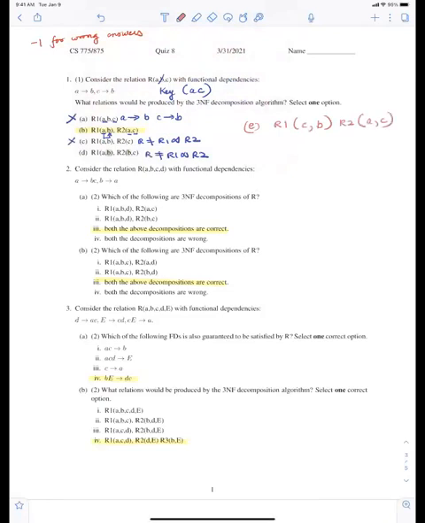Here you're starting with the functional dependency C going to B, while in the other one we started with A going to B. So that's how you get the answer for the first problem. Does anyone have any questions?